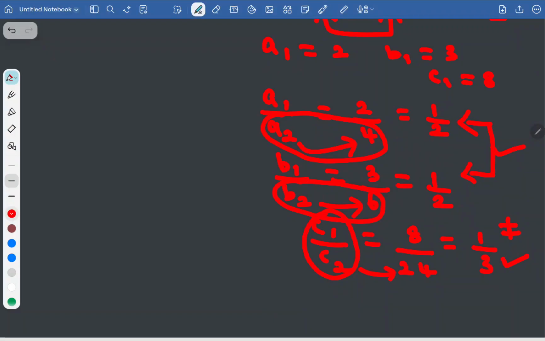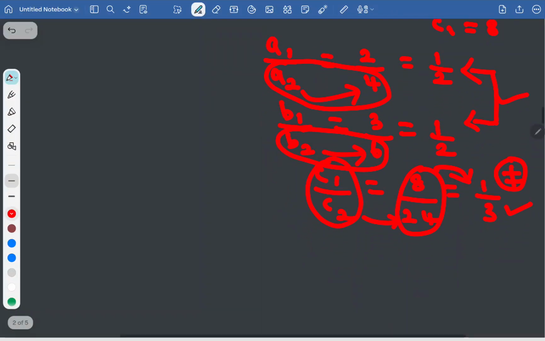Both are equal but not equal to C1 by C2, because here 8 by 24, after simplification I am getting 1 by 3. Construction of the second linear equation is A2 4, B2 6, C2 24.